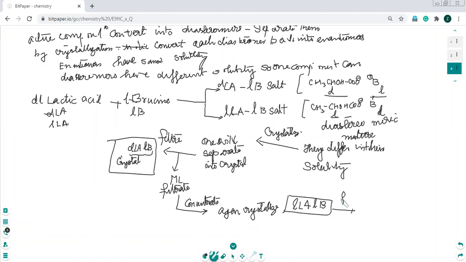Filter. So what you have separated is the diastereomers of lactic acid. Now you have to convert this back into lactic acid. You treat with HCl, any mineral acid. This and this separately you treat with HCl.